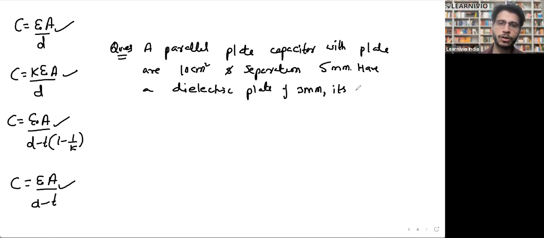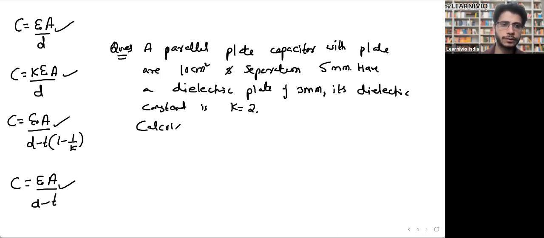Its dielectric constant is K equal to 2. Calculate, first part, the capacitance.